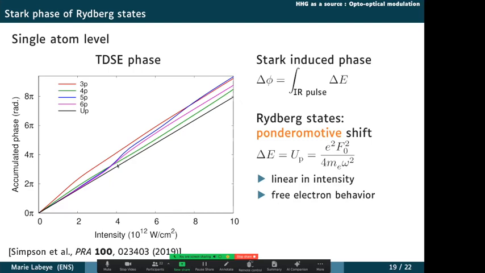A free electron in an electric field has an average energy that is just its kinetic energy, called the ponderomotive potential. It has this expression, it's linear in intensity.